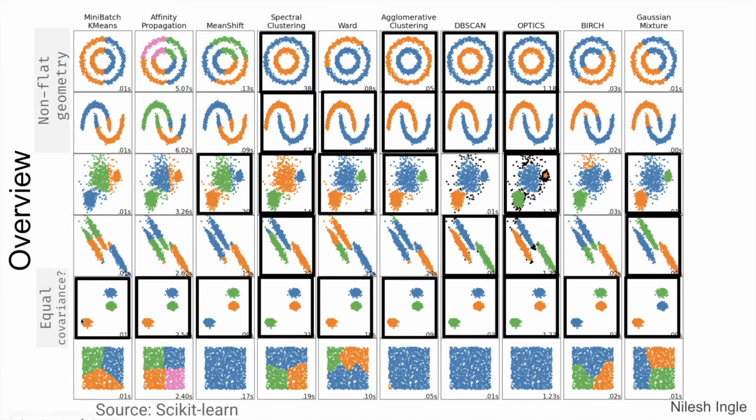Down here in the bottom, we have these three types of data sets which are slightly different. In the bottom case, you can see that these blobs have about the same spread, so we could say they have equal variance within the data points, or covariance between the data points.